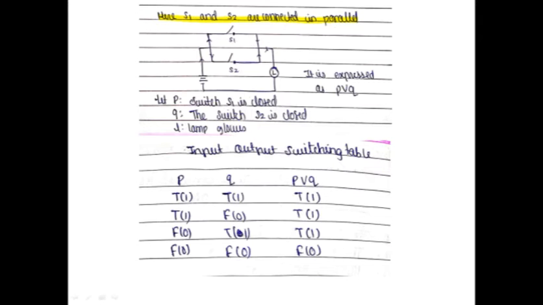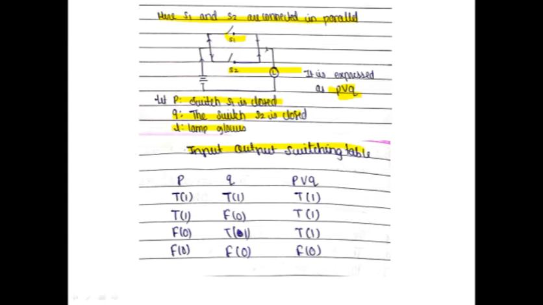Let P be that switch S1 is closed and Q be that switch S2 is closed, then the lamp glows because the current is passed through them. It is expressed as P or Q. If they are connected in parallel, then we have to use OR. If they are connected in series, then we use the AND symbol.